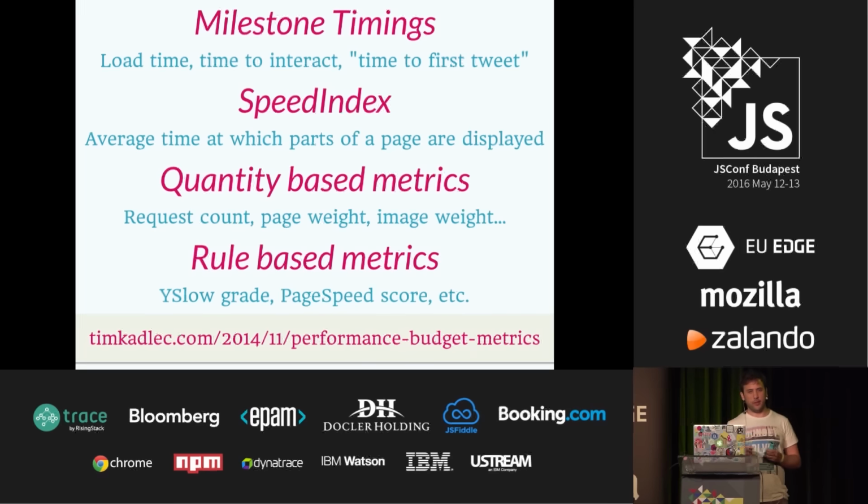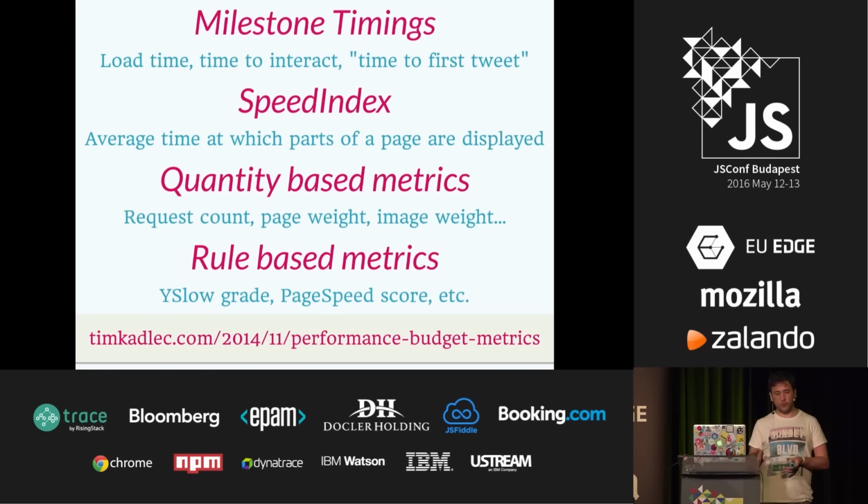But it's a pretty accurate way of measuring your performance. And then there are simpler metrics that you can use, like quantity-based metrics, like request count, page weight, image weight, and so on. And there are even simpler rules, like just using whatever YSlow gives you, or whatever PageSpeed score you have, and whatnot.